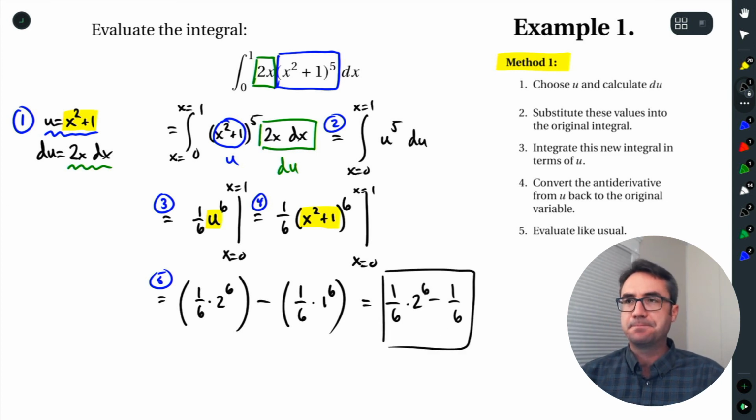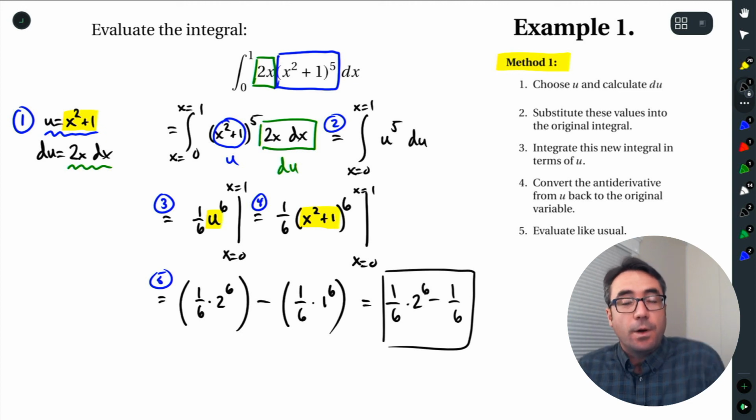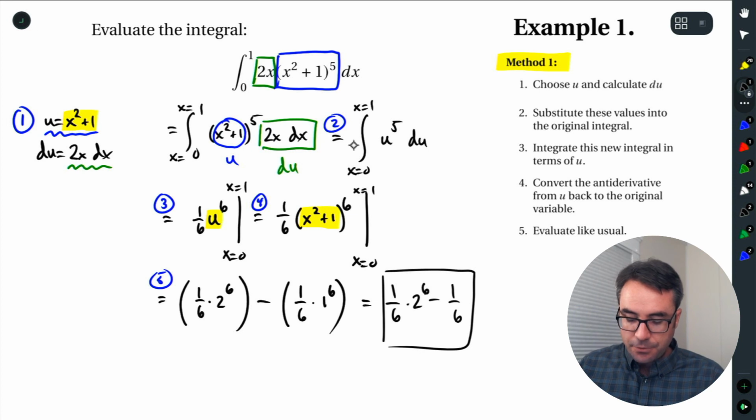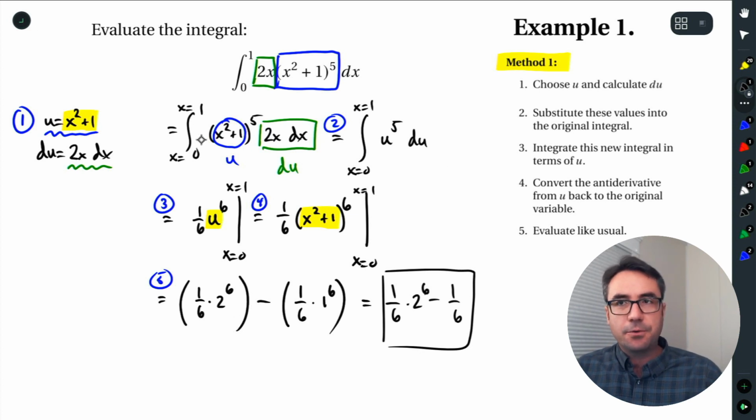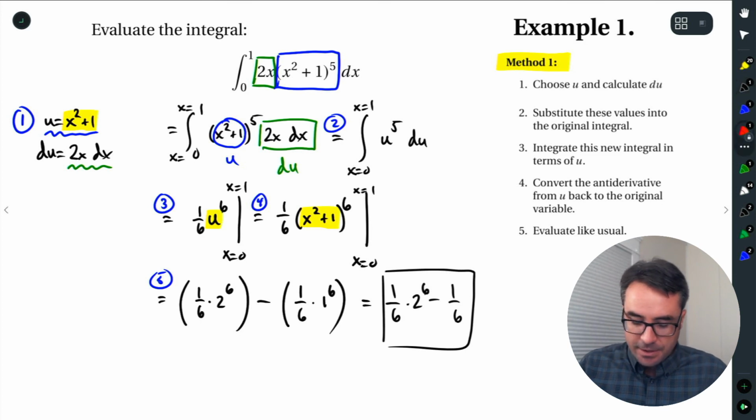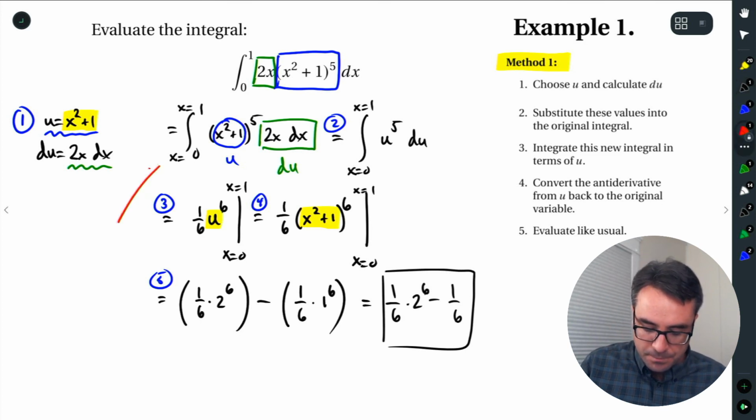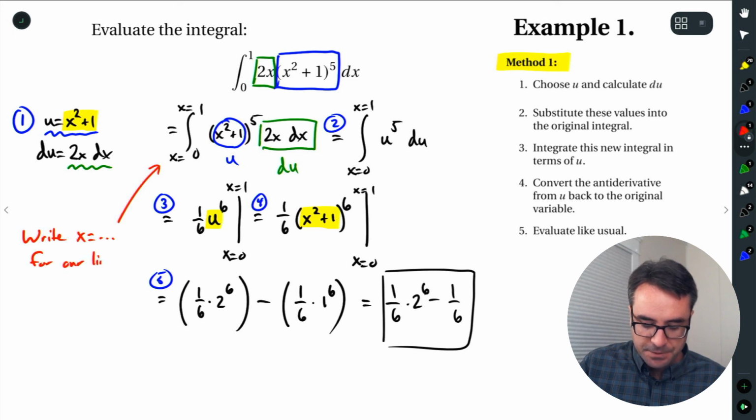All right, so that's one of the ways to go about substitution rule for a definite integral. Go through the process like you normally would, leave the limits of integration alone, and it's helpful to write them as x equals 0 and x equals 1. That's an important thing to do, so we want to make sure we write x equals for our limits if we use this method.